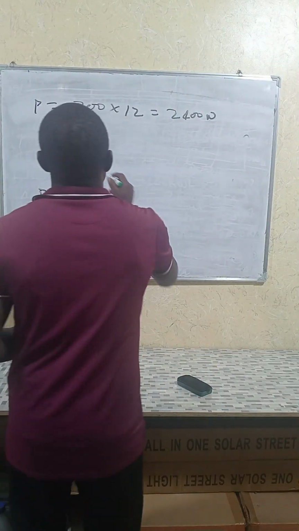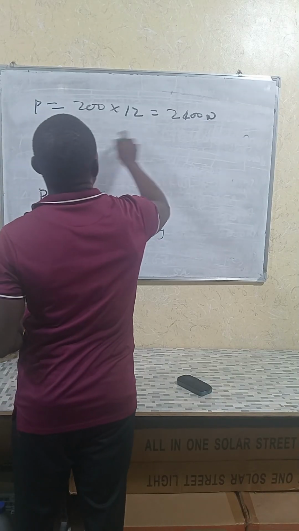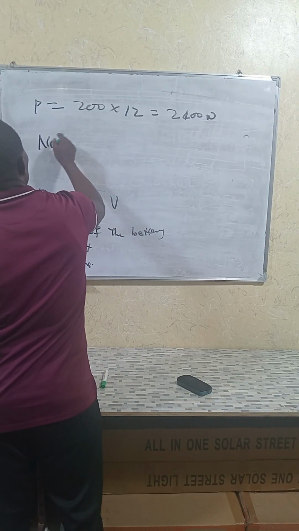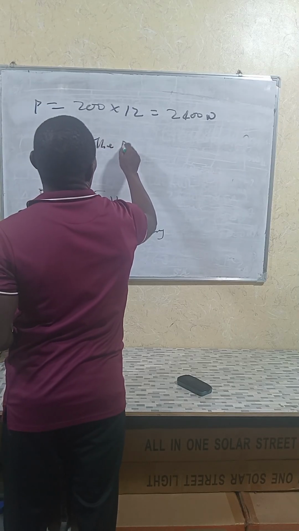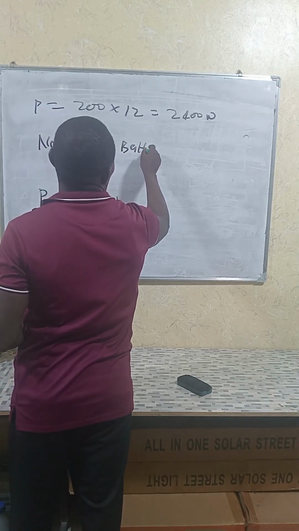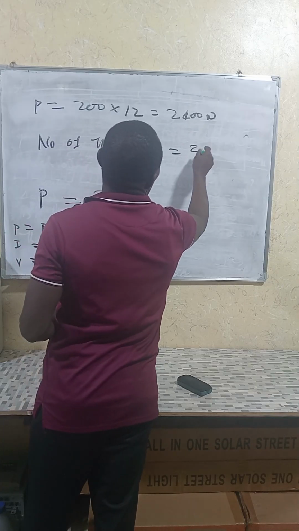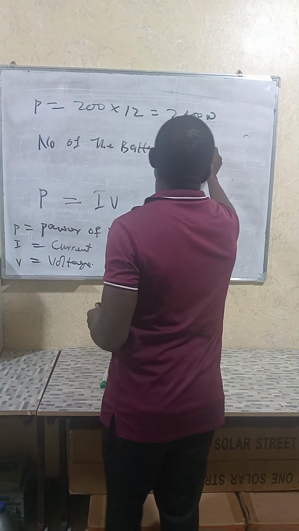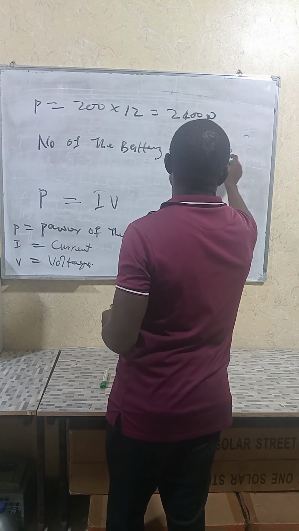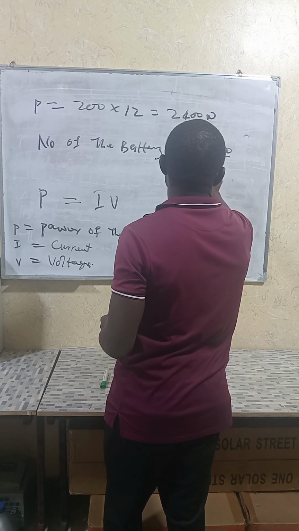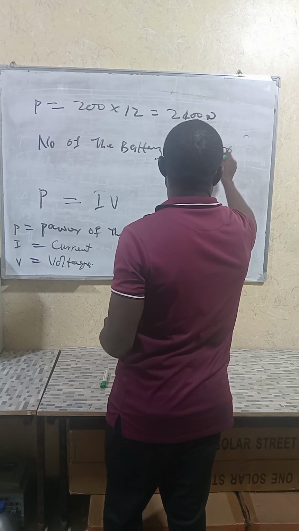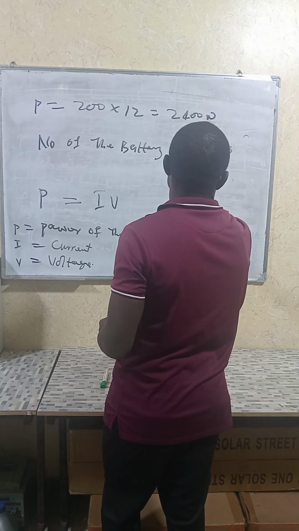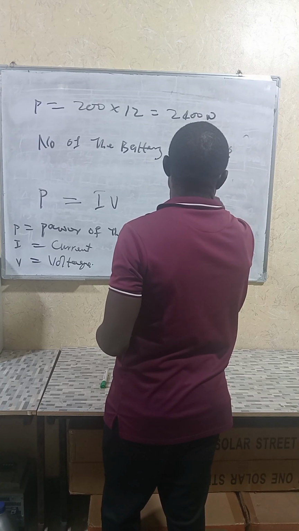So in this, the number of batteries is equal to 26,000 divided by what? 2,400. So this goes, you have 260 over 24.